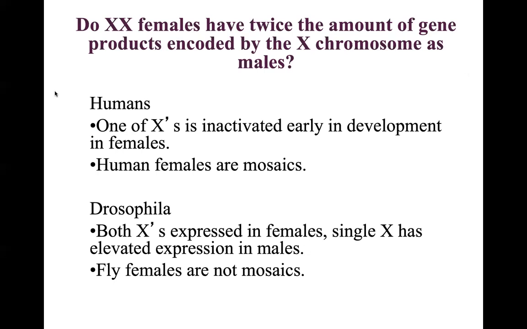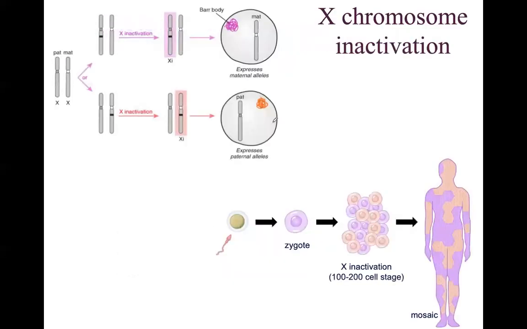And initially you would think that, well, yes, because they have two. But it turns out that that's actually not the case. One of the things that happens in females, and we can see this here, sometime around the 100 to 200 cell stage, when females are developing, at this stage, when the embryo is between 100 and 200 cells, each one of these cells will decide to turn off an X. It might be over here.